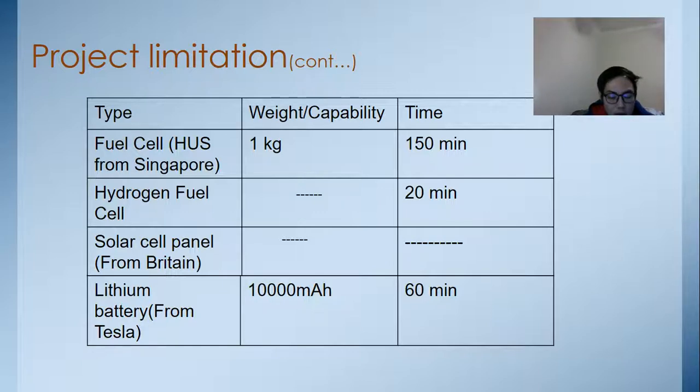And the third is from Britain, the solar cell panel. This kind of battery is very good, but it is still under continuous study. What we can use is a lithium battery, and we found one of this kind from Tesla. The capacity of the lithium battery from Tesla is 10,000 milliampere hours, and it can be used for more than 60 minutes.